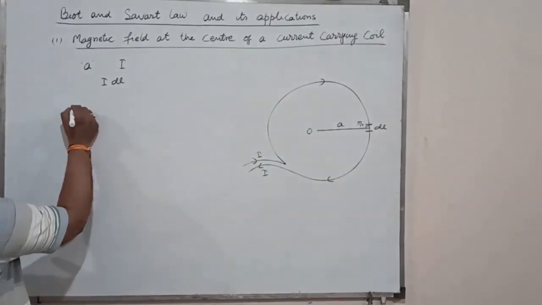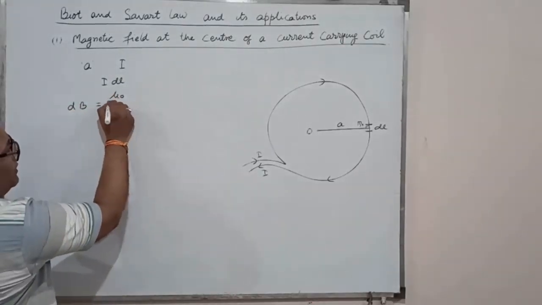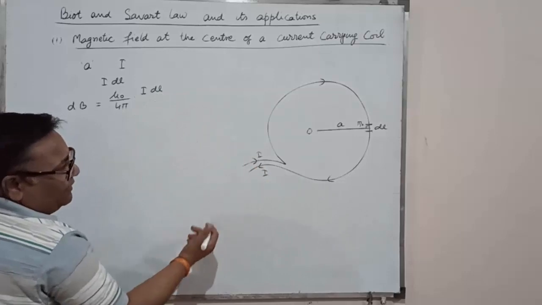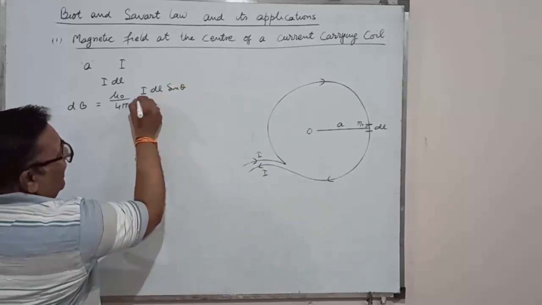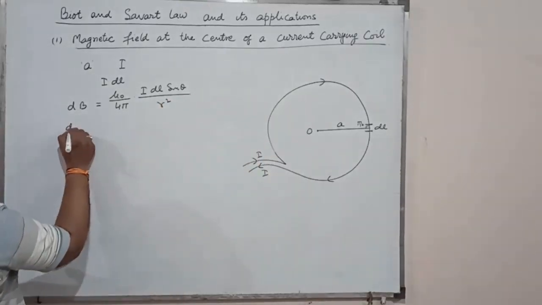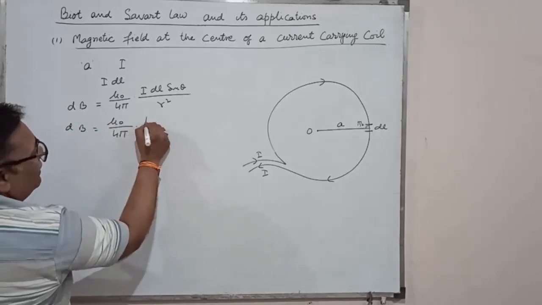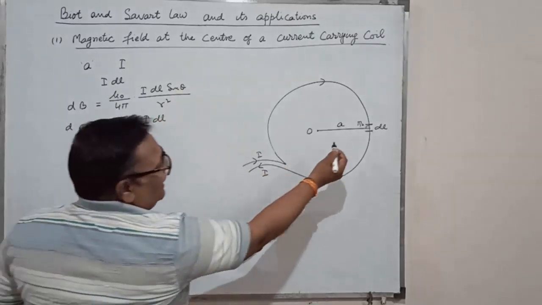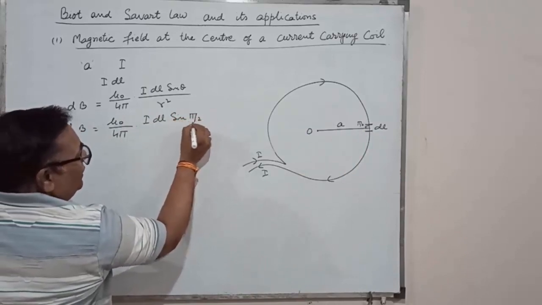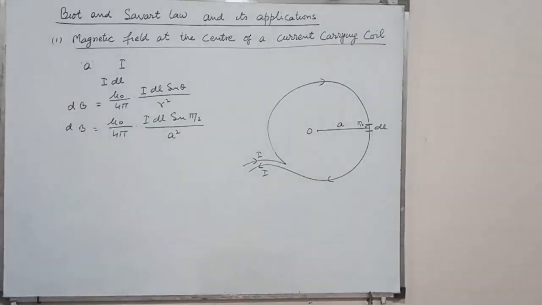We know that the magnetic field intensity is given by the formula mu naught upon 4 pi, I dl sin theta upon r square. Keeping the values, dB is equal to mu 0 upon 4 pi, I dl sin pi by 2 upon r square, since this angle is pi by 2. The radius is a, so this distance is a square.